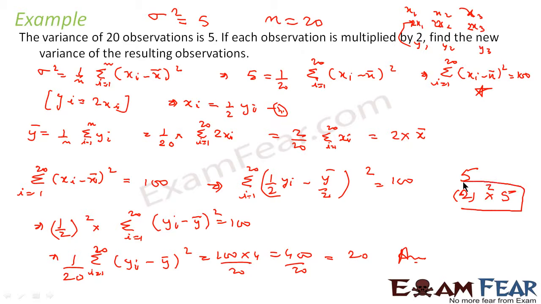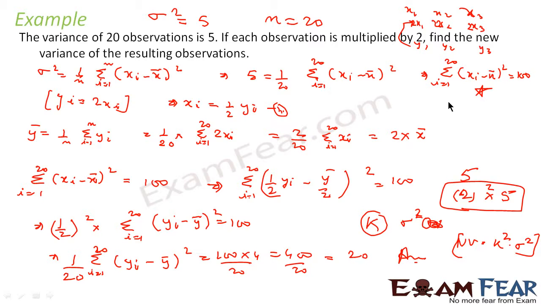It is 20. So generally the theorem says that if there is a variance and if you multiply k with all the numbers, then, let's suppose the original variance is sigma square, the new variance is nothing but k square into the original variance. So the new variance is k square sigma square.